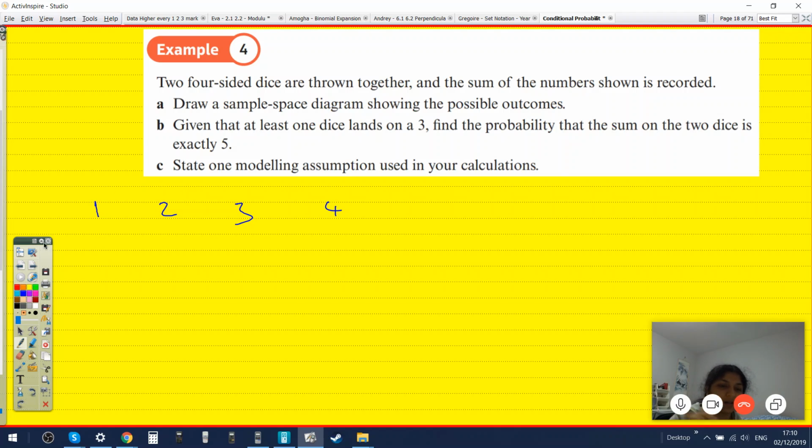So you would do 1 plus 1 is 2, and then 1 plus 2 is 3, and just go on. You have to write all the possibilities out. So underneath the 1 has to be 2, 3, 4, 5, and so on. Okay, part B.